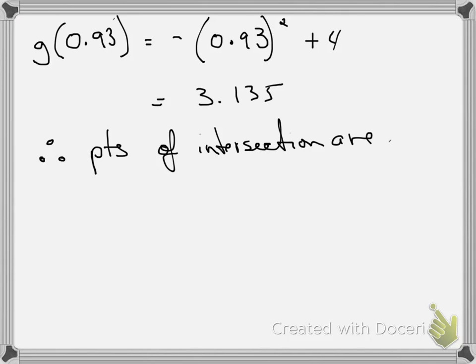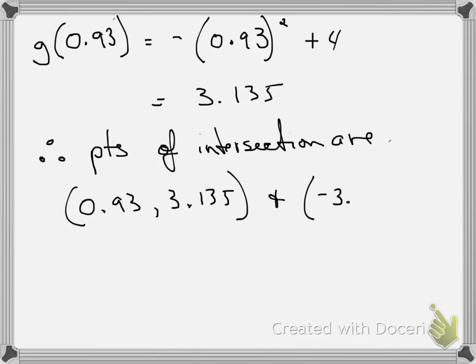Therefore, my points of intersection are 0.93, 3.135, and the other one is negative 3.93, negative 11.46.